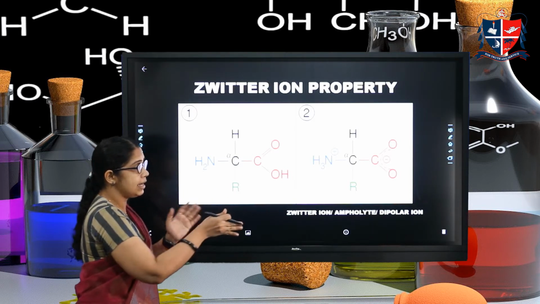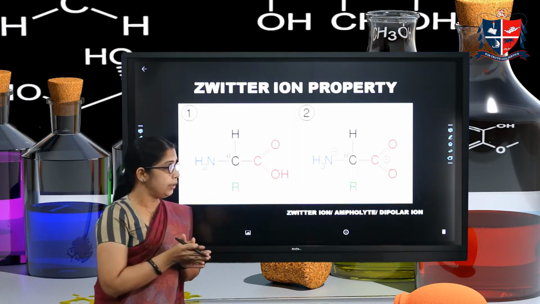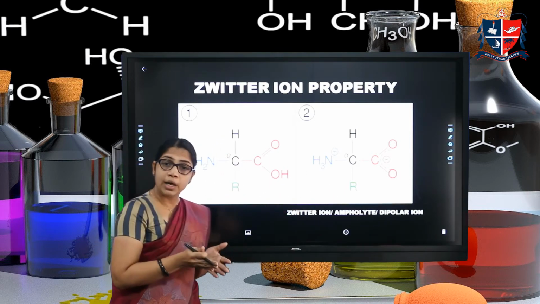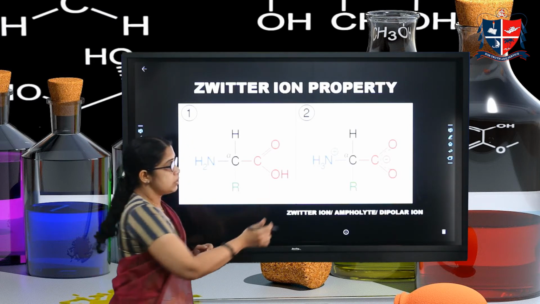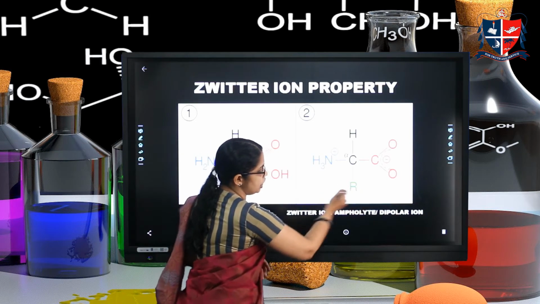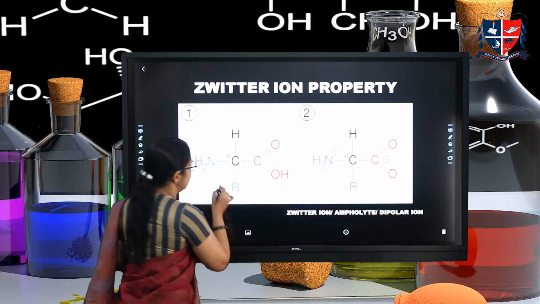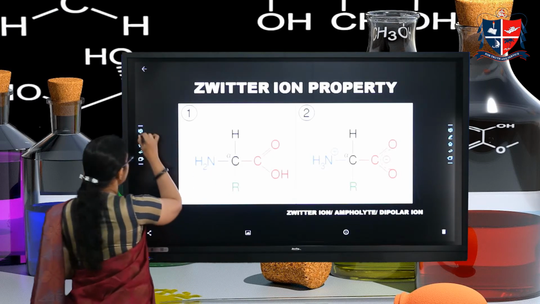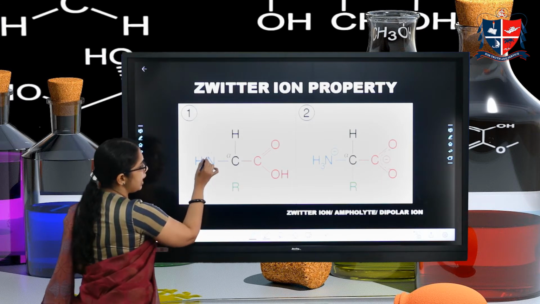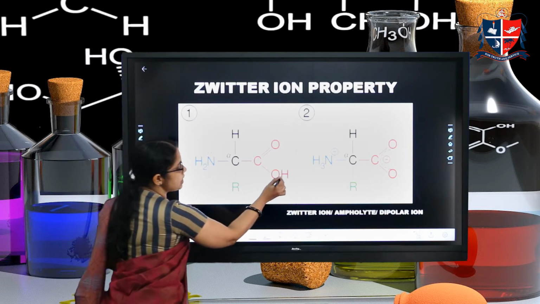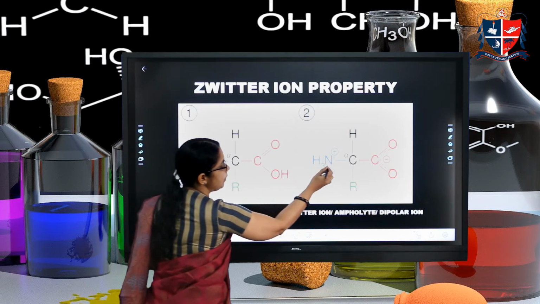It exists as an inner salt, or as a dipolar ion, or as a zwitterion. This is a representation of the zwitterion, that is NH3 plus CHR CO minus. Here you can see there is a lone pair on nitrogen, and this lone pair will take this acidic hydrogen and become NH3 plus.